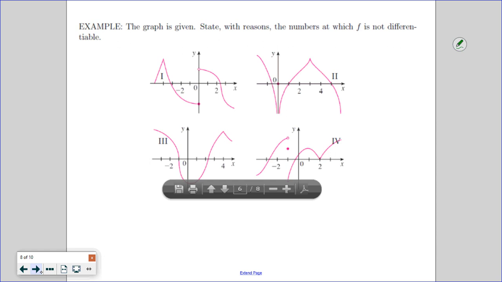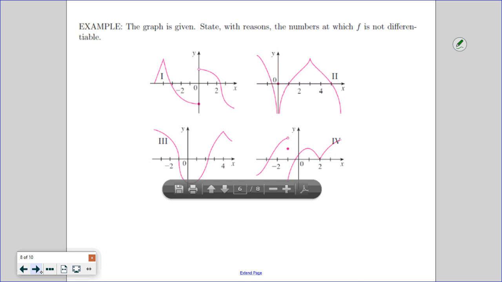All right, now, let's look at some examples. That was the meat and potatoes of the lesson. So here we're given some graphs, and we want to identify the numbers or x values at which f is not differentiable. Remember, we're looking for any of those four cases: a corner, a cusp, a vertical tangent line, or any discontinuity. All right, so let's look at graph 1.